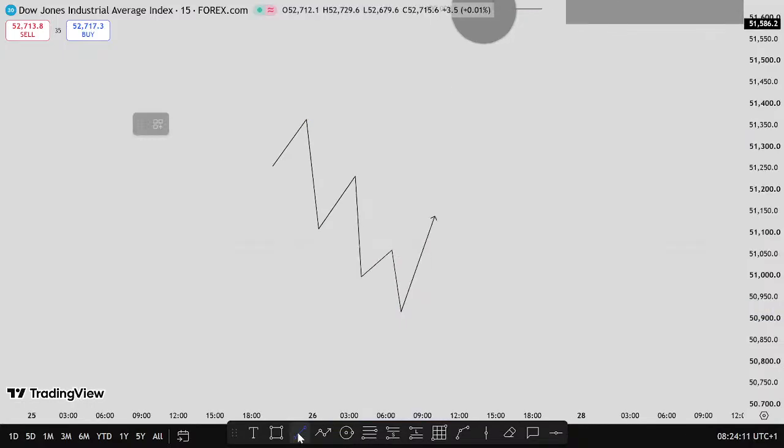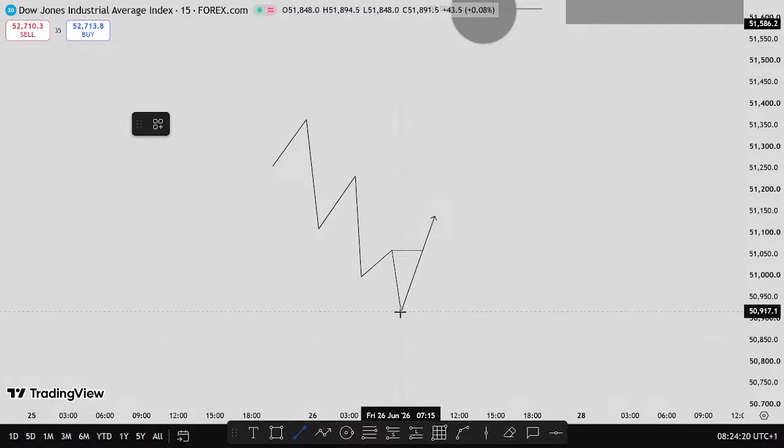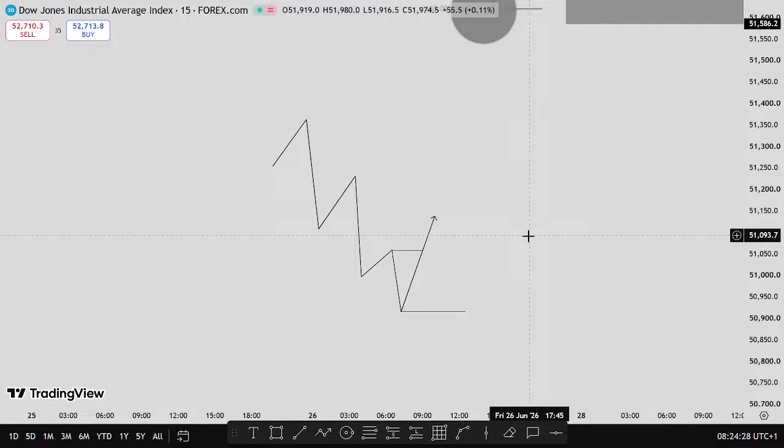So this becomes your displacement low, this level, and then this is the high you are waiting for a shift to occur. I might call it displacement because I watch ICT videos. You might call it change in state of delivery, you might call it market structure shift. They are all the same thing.